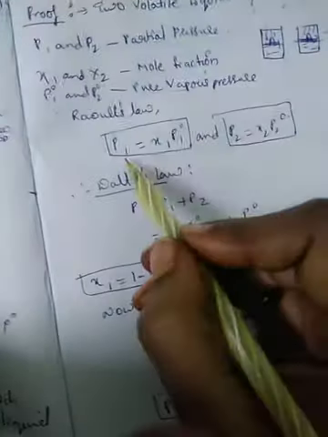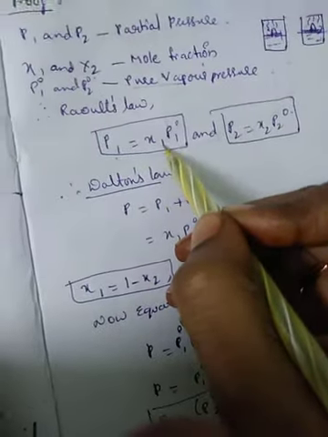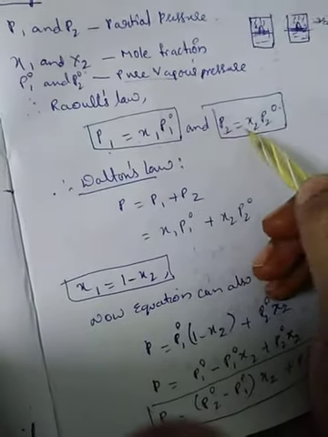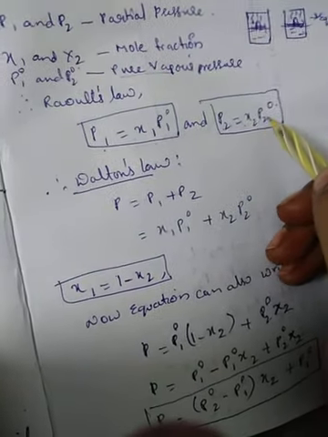Now, as in the earlier equation, P1 is equal to X1 P1 naught, and P2 is equal to X2 P2 naught.